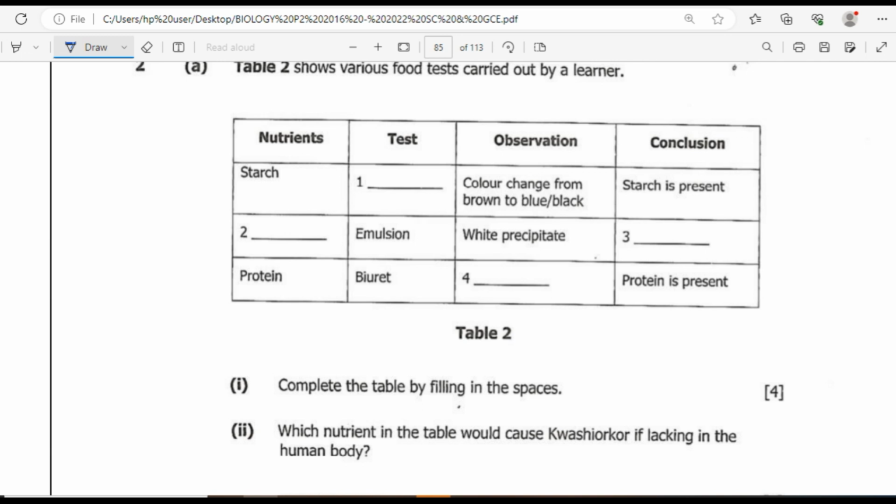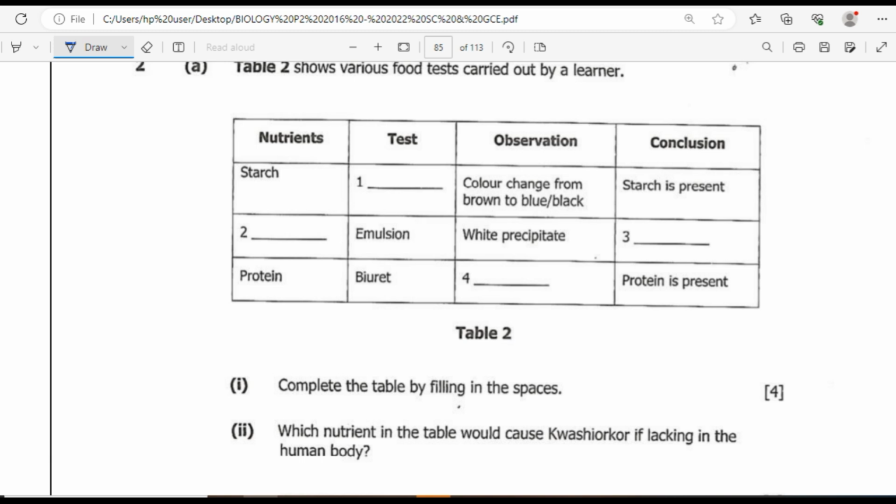So now what I'm saying is the food tests can also be just taken as questions. So there are questions that you should expect to be given under food test. So don't just take food test as only the practicals. So like as we can see, we have been given a table that summarizes some of the food tests here.